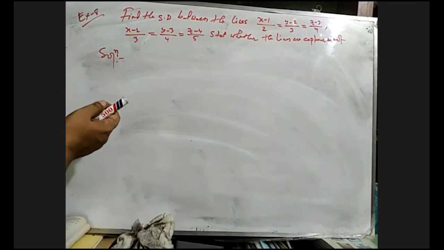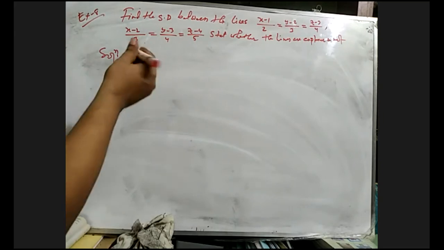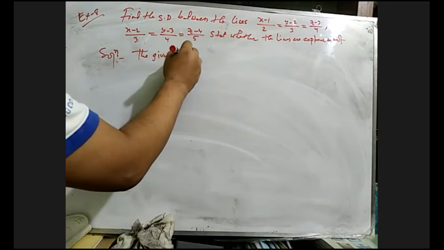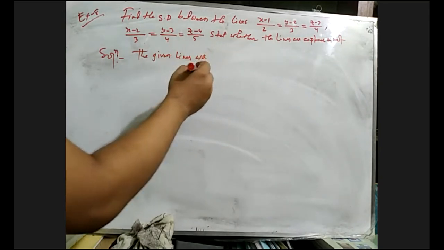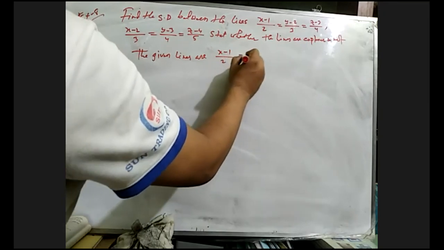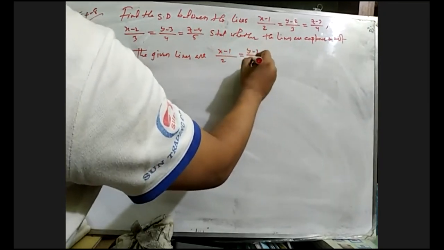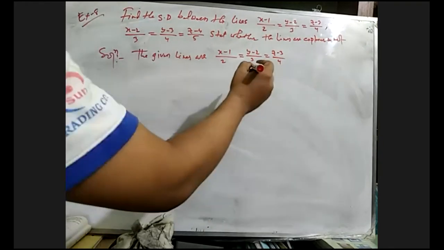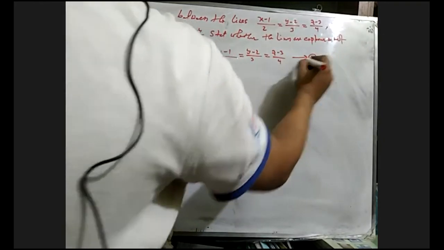So the given lines are (x minus 1) by 2 equals (y minus 2) divided by 3 equals (z minus 3) divided by 4. This is equation number 1.